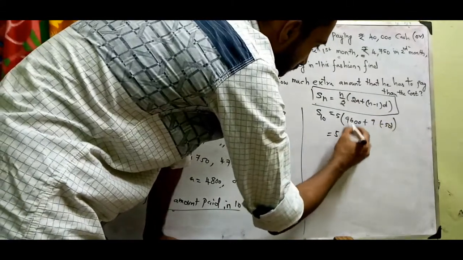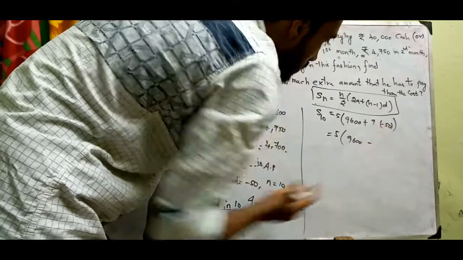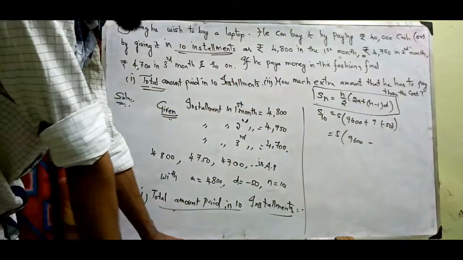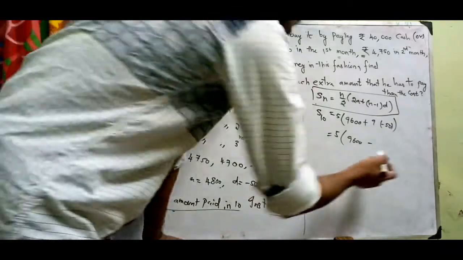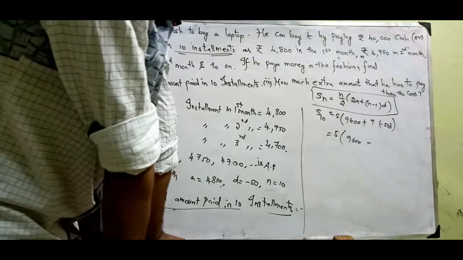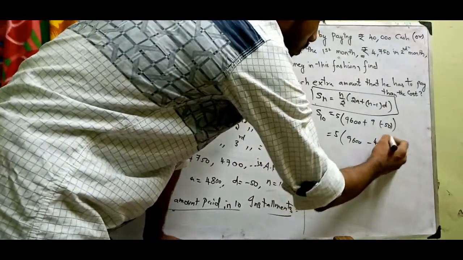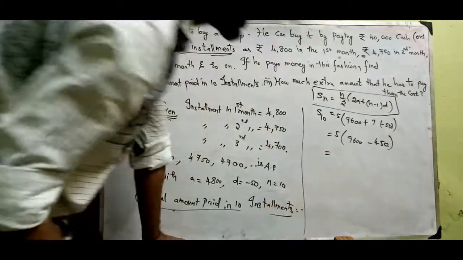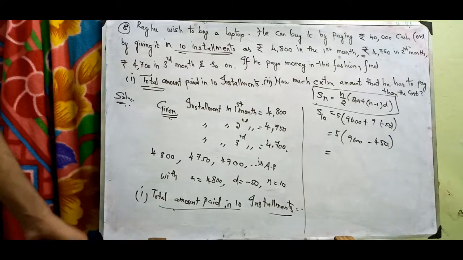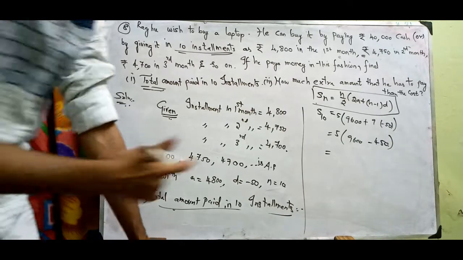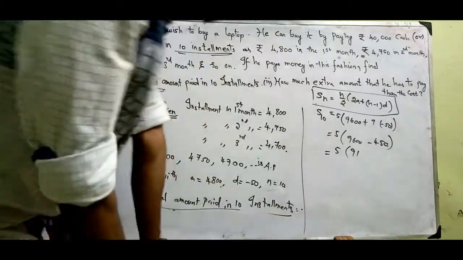So this is equal to 5 times (9,600 minus 450), that means 9,150.